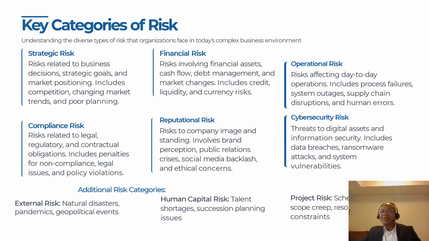Strategic risks are risks related to business decisions, strategic goals, and market positioning. It includes competition, changing market trends, and planning. This is very important. In every market, in every business, competition is high. So it's very important to scan the environment from time to time to be aware of what your competitors are doing.